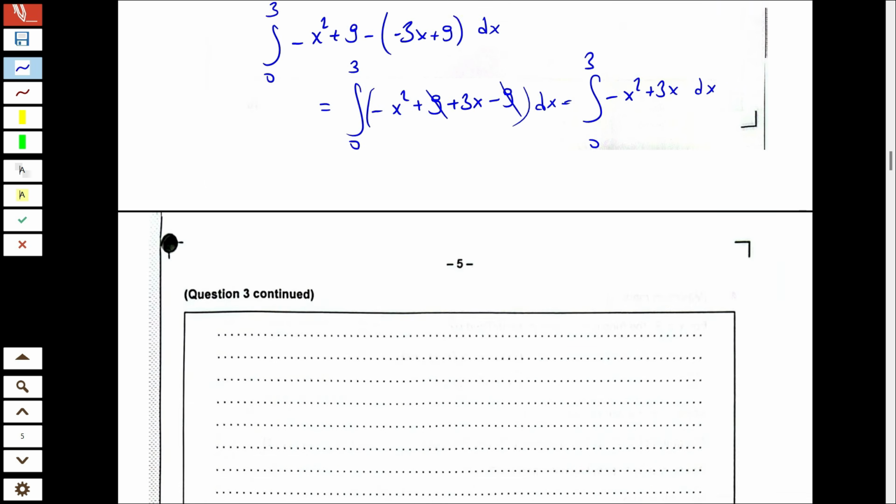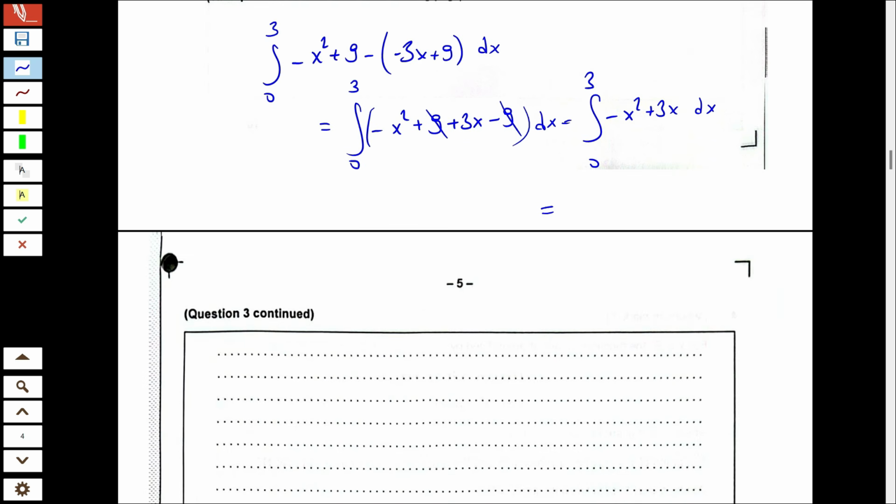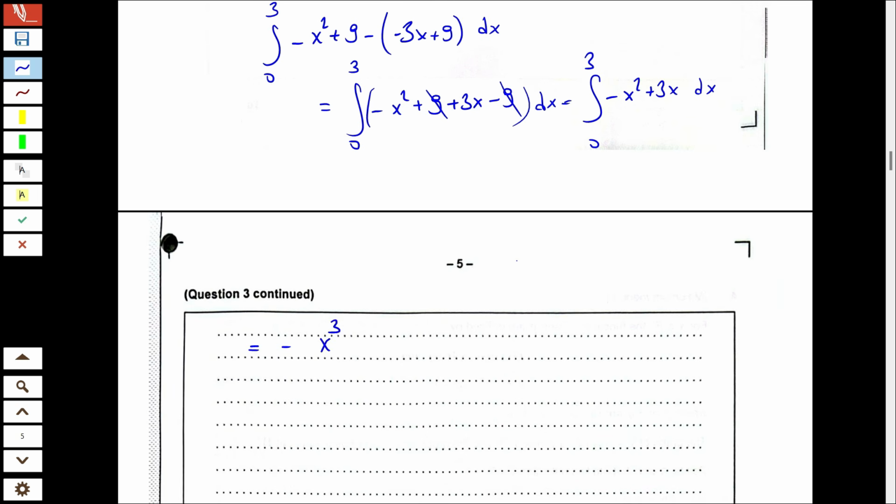And I know that the integral of x squared is x to the power of 3 divided by 3. I will write here minus x to the power of 3 divided by 3 plus the integral of 3x, which is 3 times x squared divided by 2. And our limits are from 0 to 3.